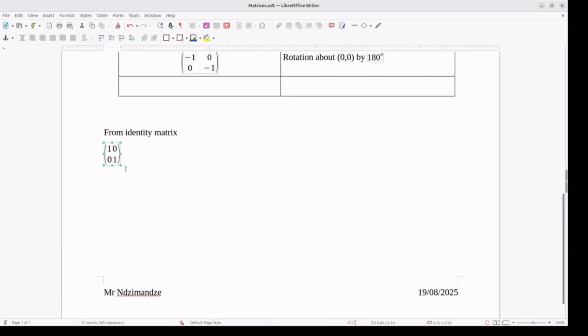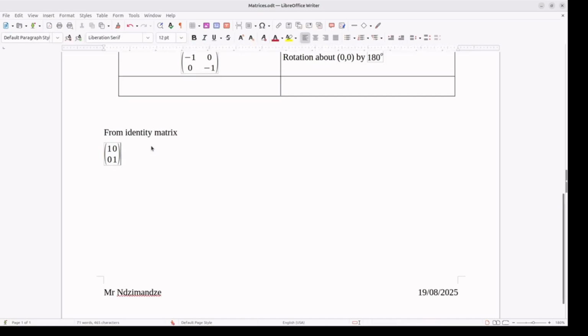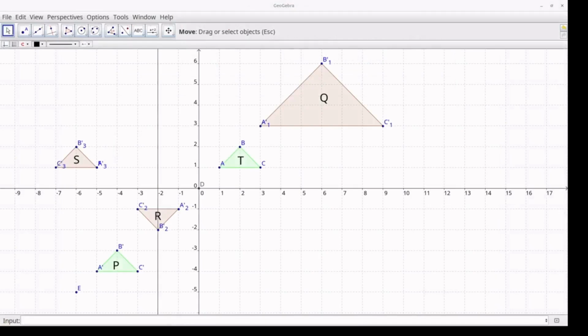So what happens? The first column is (1, 0). Treat that as a coordinate. After rotation through 180 degrees, where does that coordinate go? Here is the point we are talking about, (1, 0).